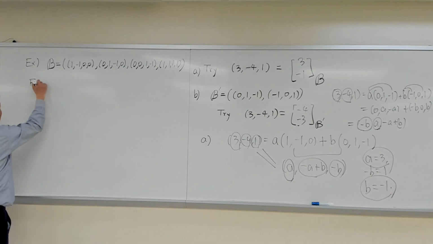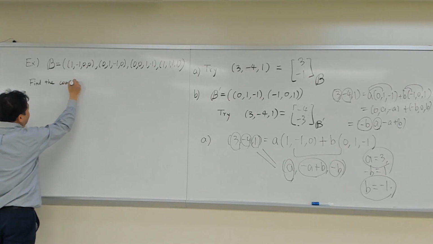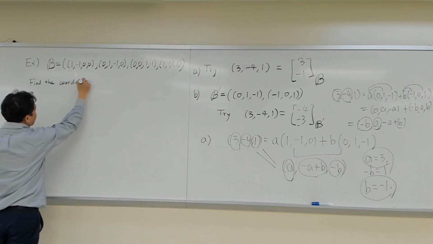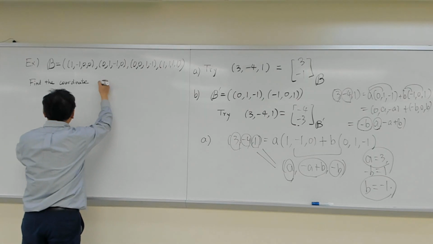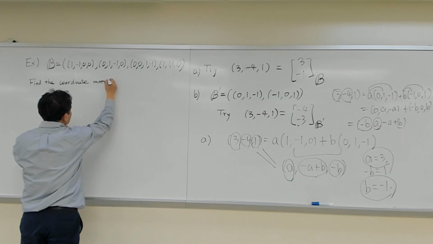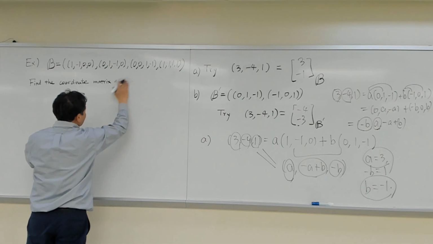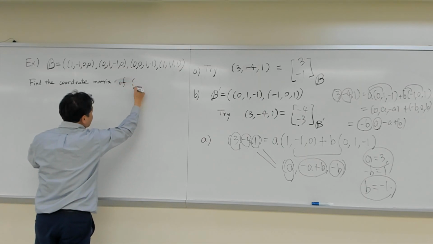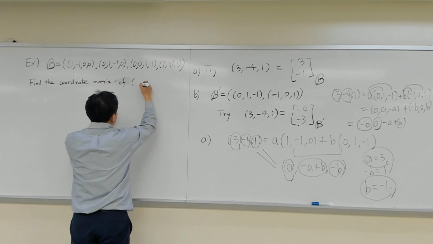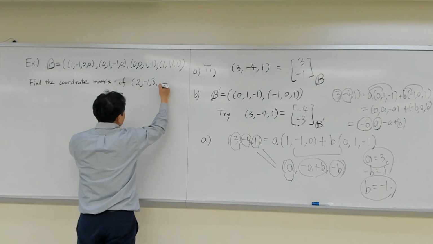Find the coordinate matrix relative to B of, let's just pick some random vector, so let's say 2, negative 1, 3, and then negative 2.